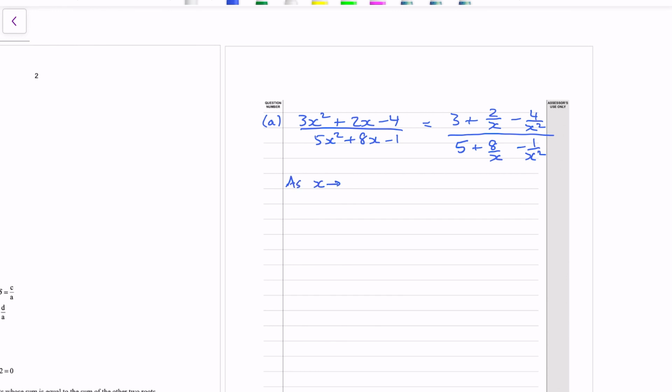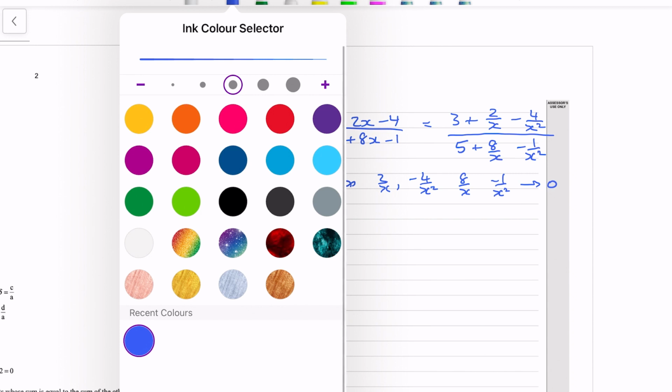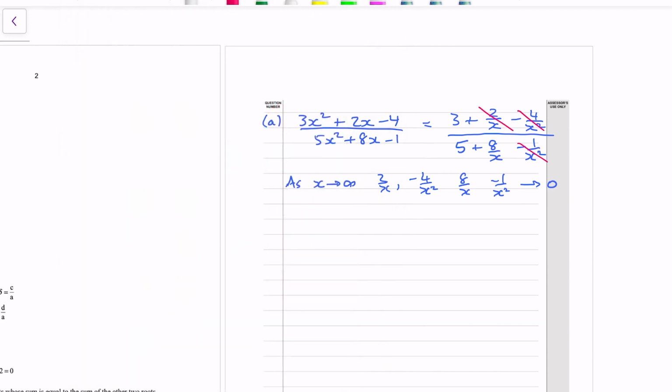As x goes to infinity, it's sufficient to say that the 2 over x, minus 4 over x squared, 8 over x, and minus 1 over x squared terms all tend to 0. As x gets really large, the numerator is a constant. These things here, we can say that they tend off to 0, and therefore the limit as x approaches infinity is 3/5.